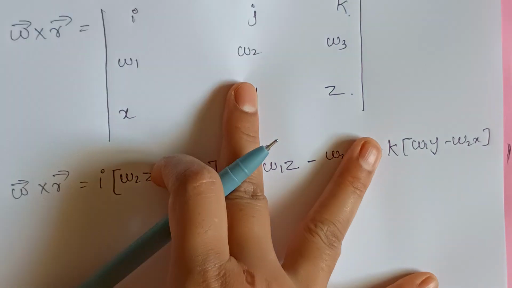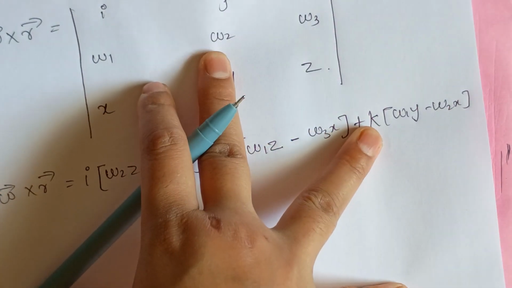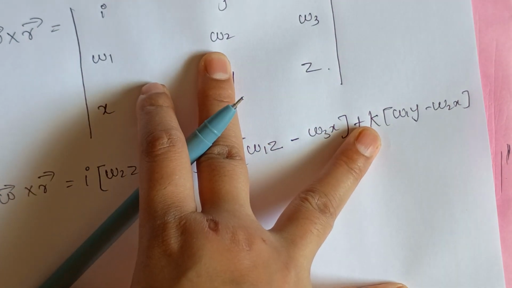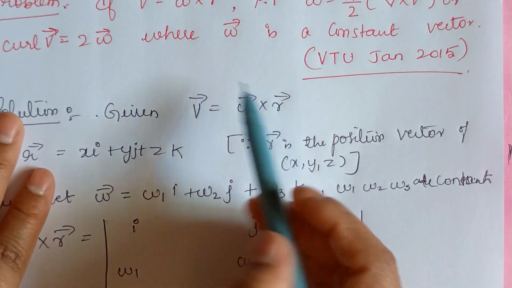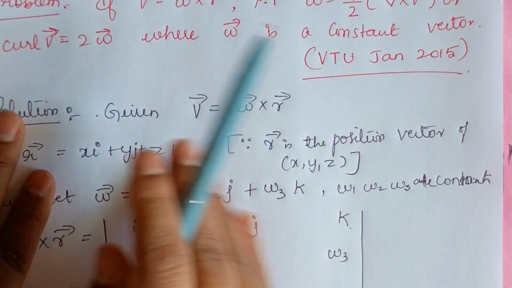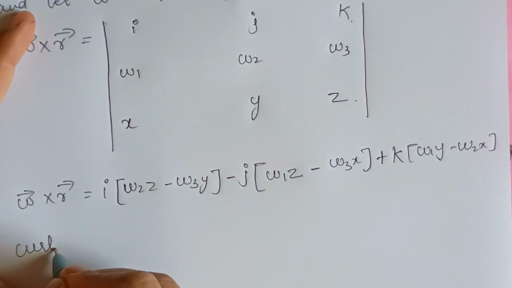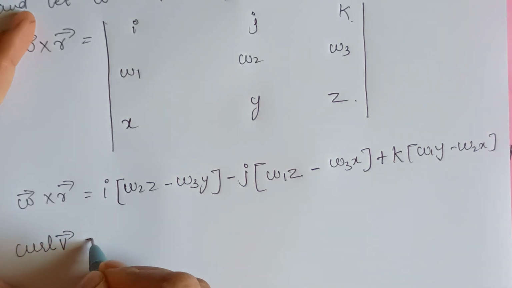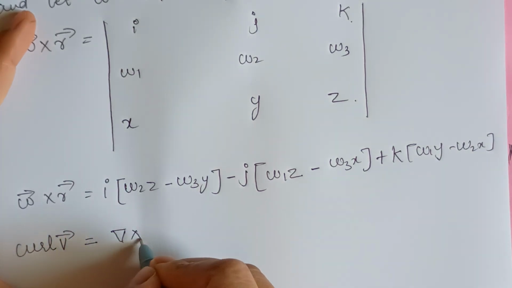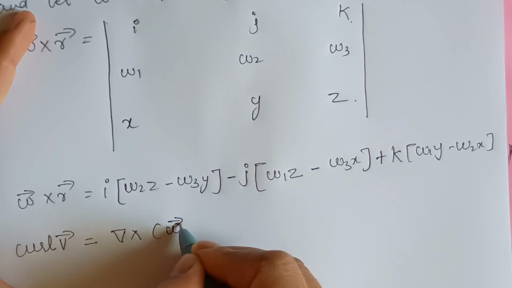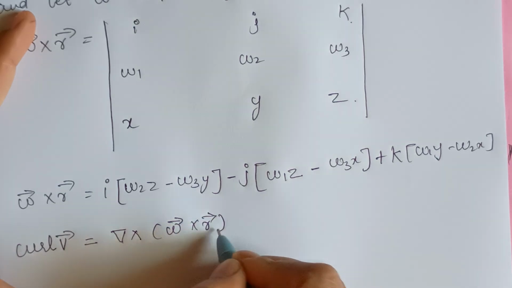Now that we have vector w cross vector r, the curl of vector v can be written as del cross vector w cross vector r.